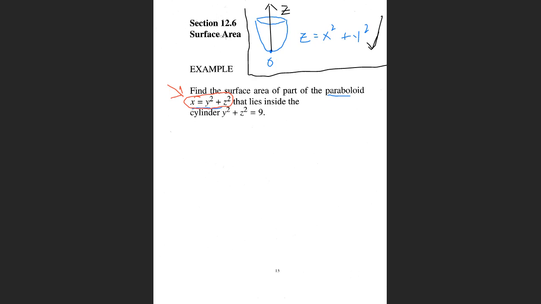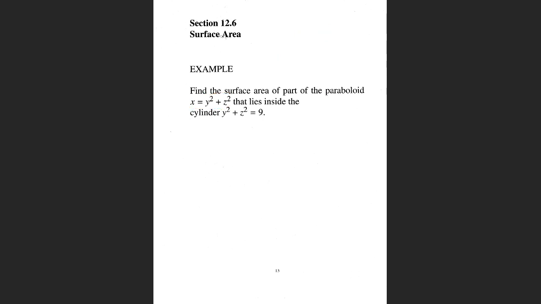It has to be positive because y squared plus z squared is always positive, so x is always greater than or equal to 0. The paraboloid opens outward from the origin along the x-axis, but it gets stopped by the cylinder that has finite radius 3. So in terms of a picture, here's a little picture.